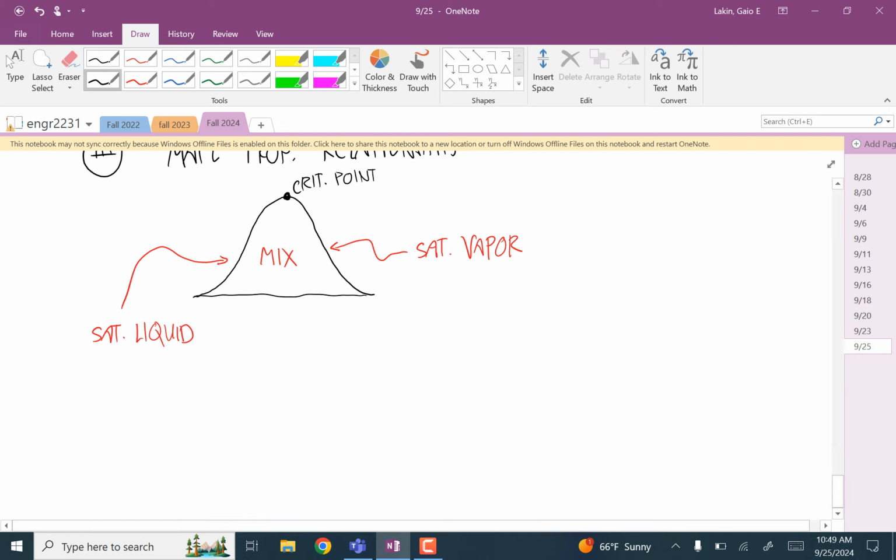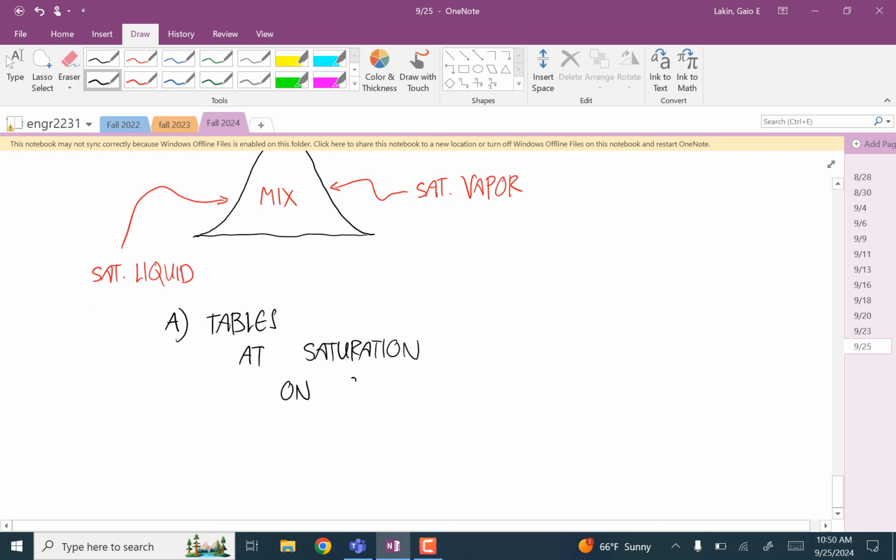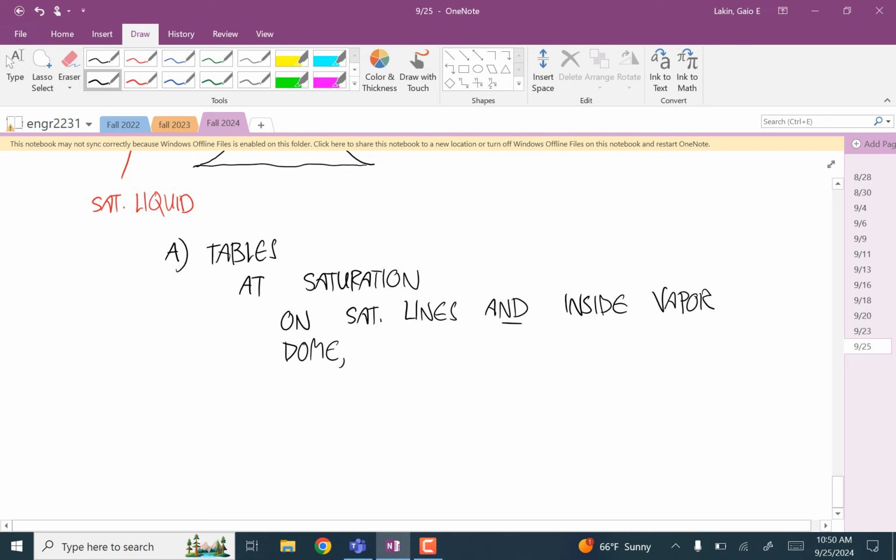In the tables, on those two saturation lines, so at saturation, and that means on the saturation lines and inside the vapor dome, you only need to know one property to look up any other property.